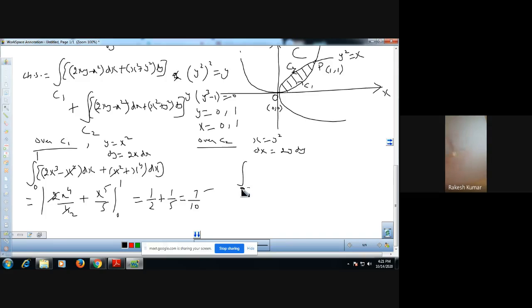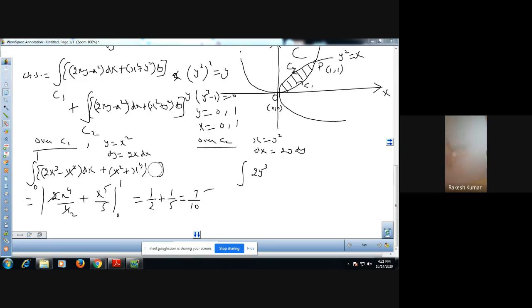So let us find out over C2. Over C2, you will substitute x equal to y square. So 2, that will be y into y square will be y cube. Wait a minute. You just substitute the value of dy here. This is a little mistake.